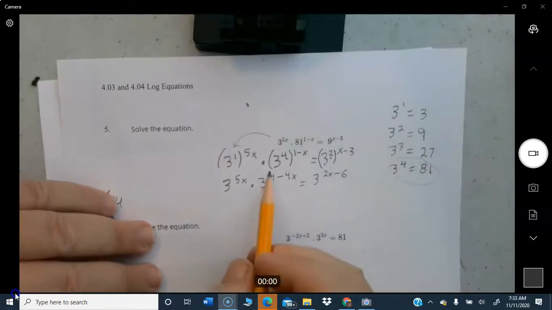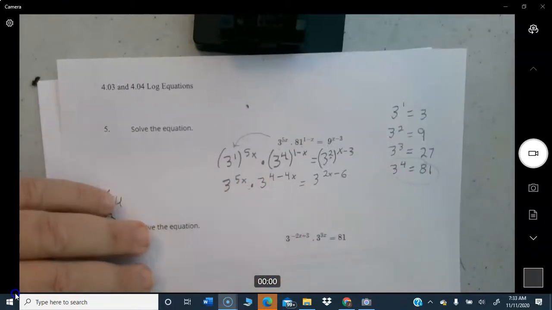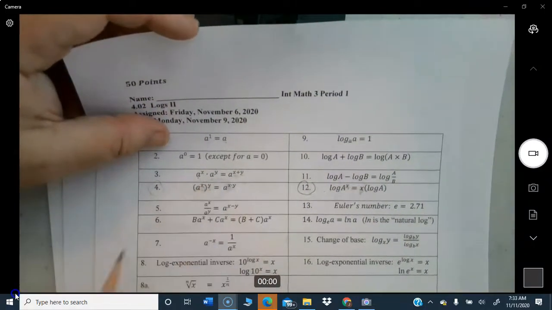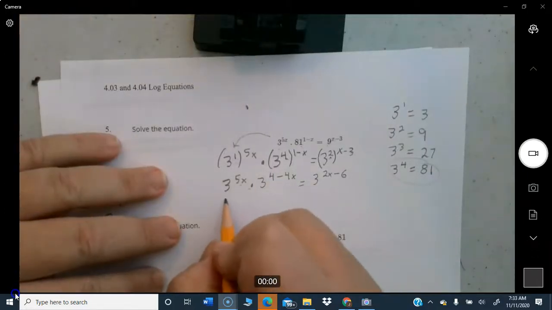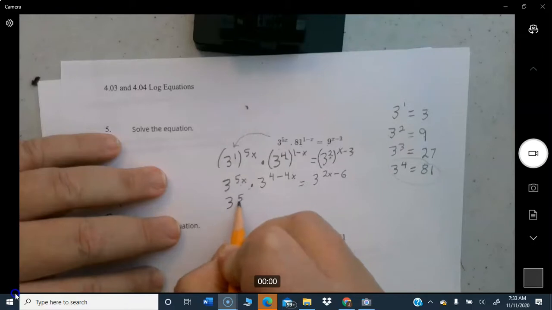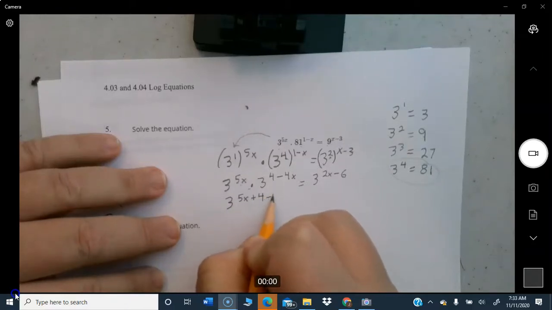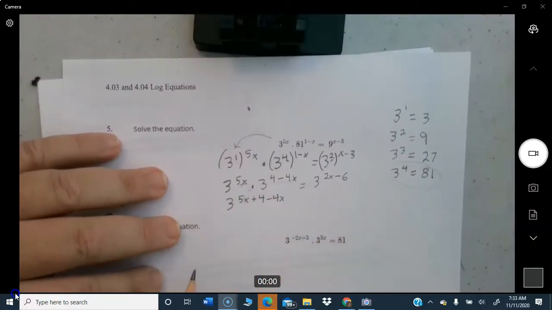Now we need to combine or consolidate these two together. And again, you do that using this principle right here, number 3. So it's going to simply be 3 to the, just combine that, add those two together. Add all that together.